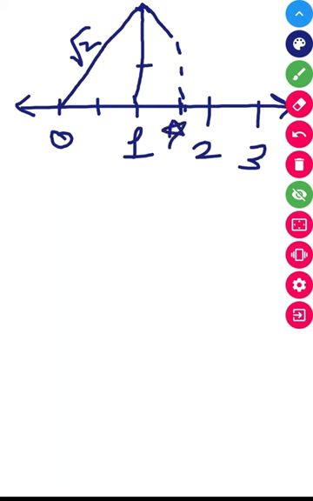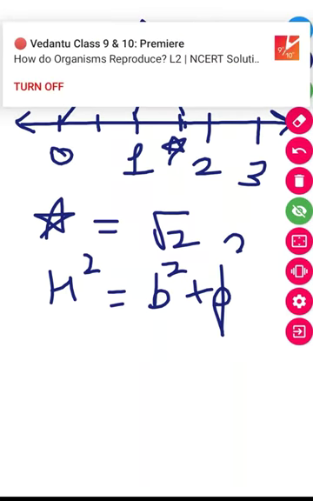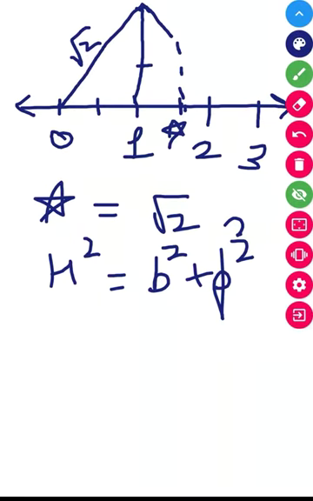Now, by the Pythagoras theorem, this star is equal to root 2. How is this? Let me show. We know that h square is equal to base square plus perpendicular square. We don't know the hypotenuse, we just know this 1 centimeter height.